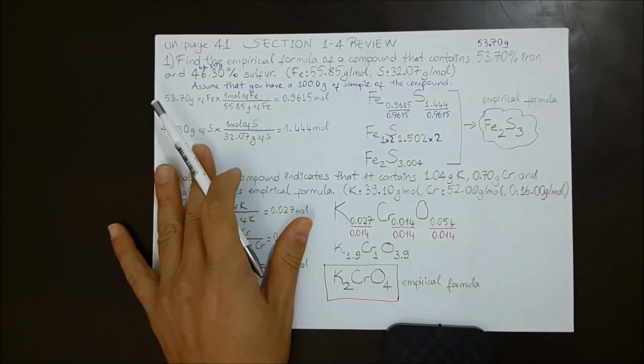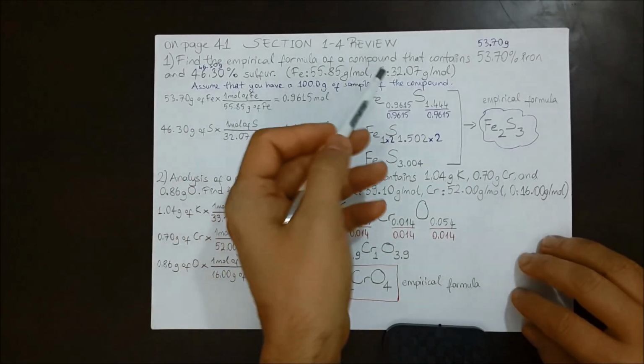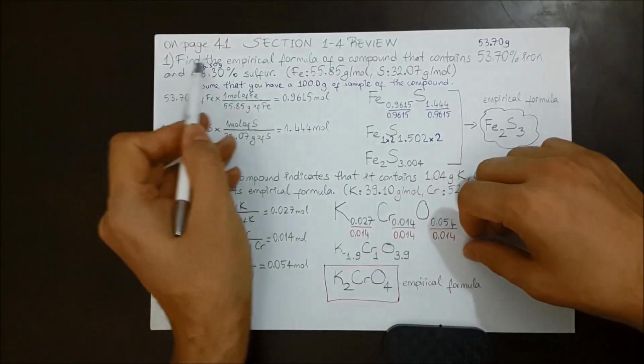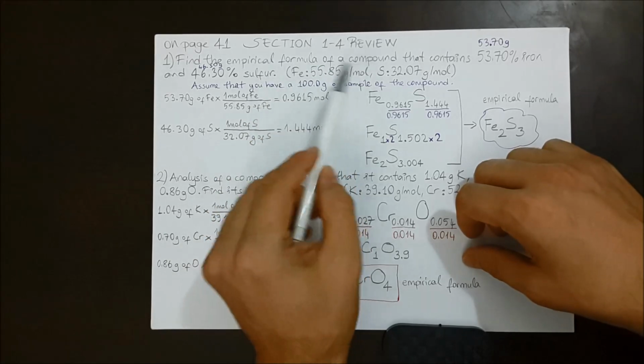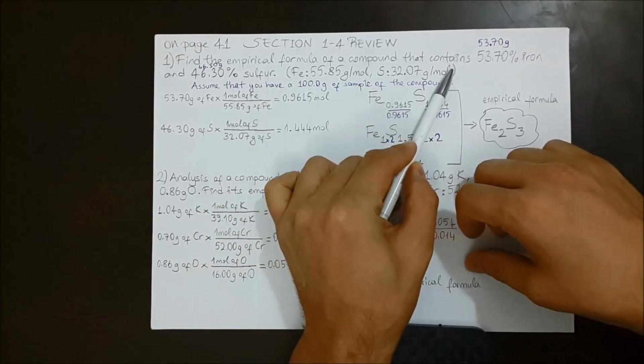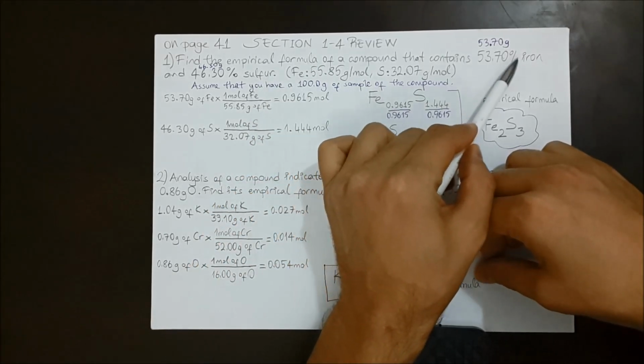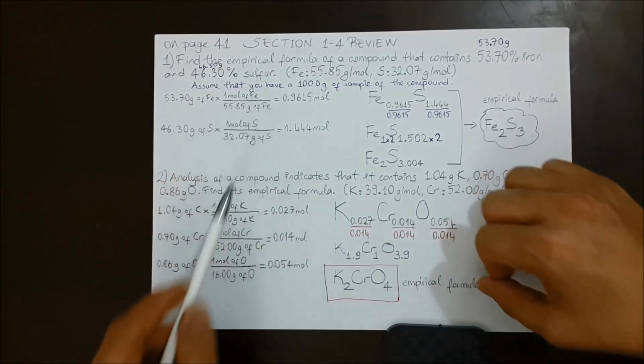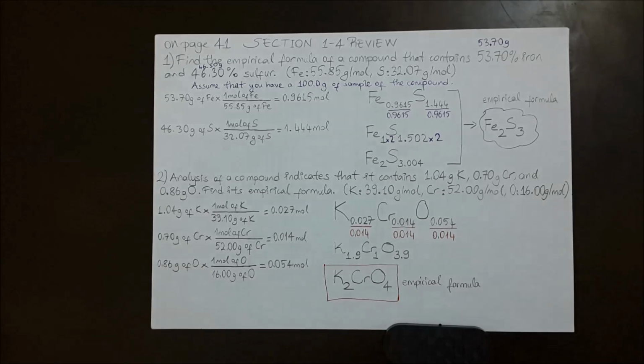There are some givens about the empirical formula of this compound. Let's read the question completely. Find the empirical formula of a compound that contains 53.70% iron and 46.30% sulfur. Such kinds of questions must be solved by assuming that we have a 100 gram sample of the compound.